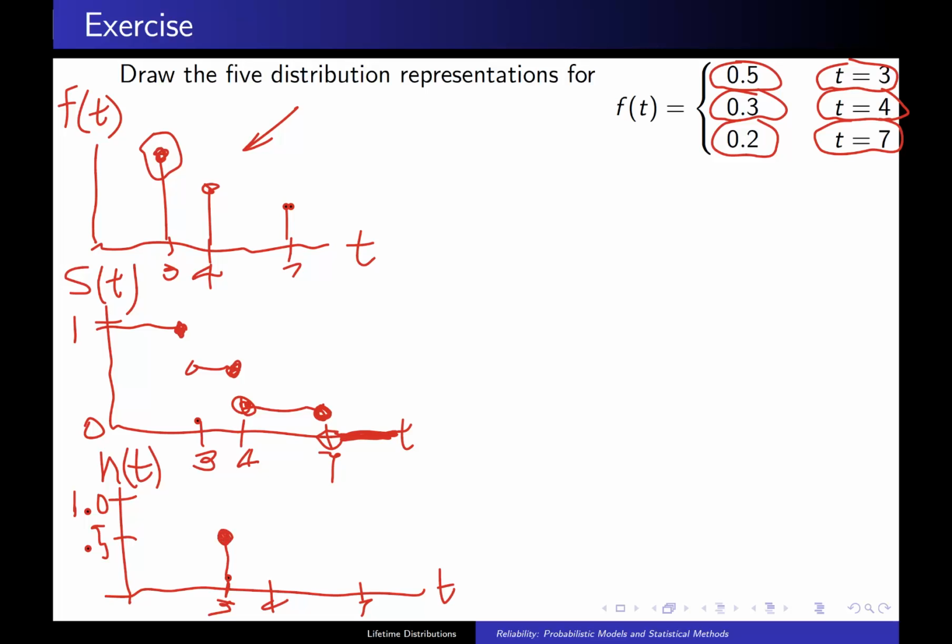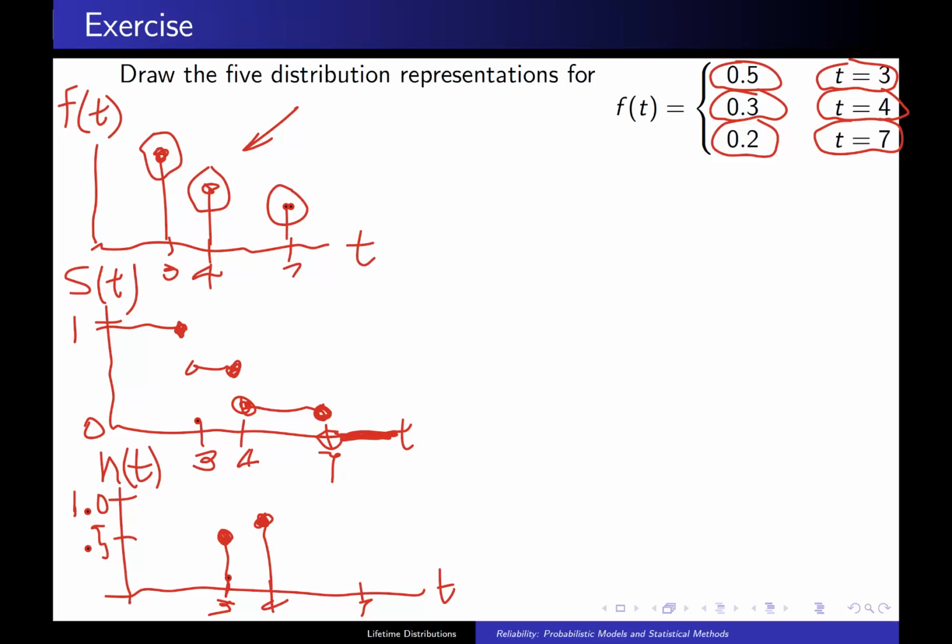Then you take the next value. At t equals 4, the height of the probability mass function is 0.3. If you take 0.3 divided by S of 4, and you can see S of 4 is 0.5, and 0.3 divided by 0.5 is 0.6. So you're going to get a height which is just slightly higher than that. Finally, when you go to time 7, you have a probability mass function value of 0.2.